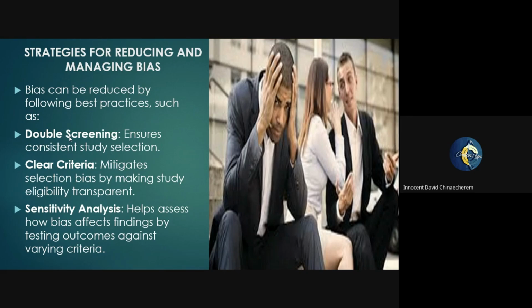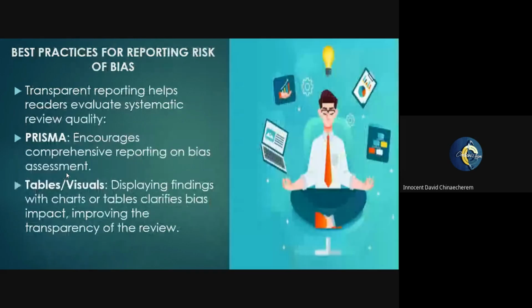Again, we need to come up with clear criteria to be able to manage your critical appraisal, or your risk of bias or quality assessment. Sensitivity analysis is also important, because sometimes, when we look at some of the studies that are showing bias, we might decide to remove the highest and the lowest. We will also explain in detail how to perform that.